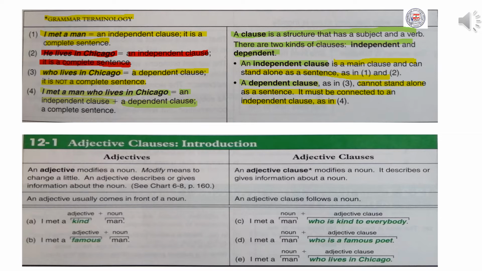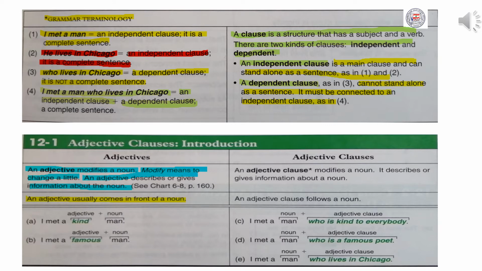So now, what are adjective clauses? What is an introduction to them? Before we talk about adjective clauses, we have to remember that an adjective modifies a noun. That is, it makes slight changes. So an adjective describes or gives information about the noun, and usually it comes in front of a noun.